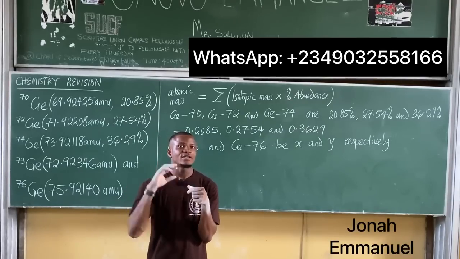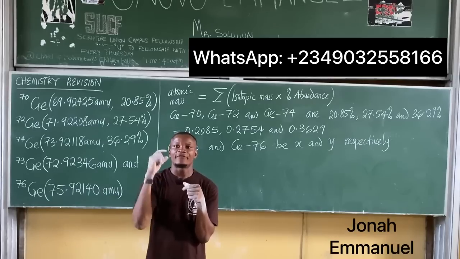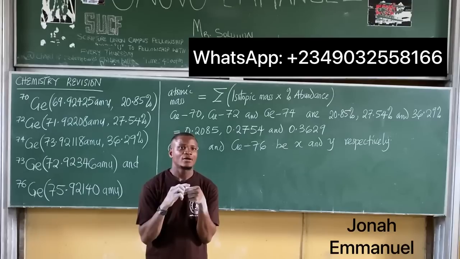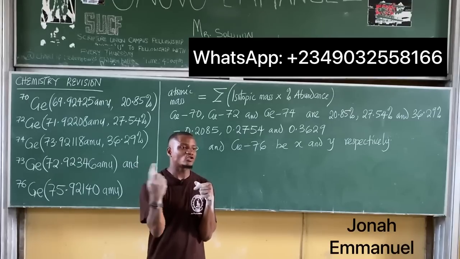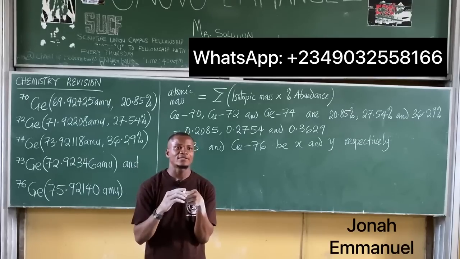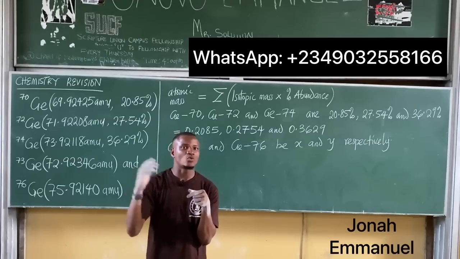Also recall that the sum of the fractional abundances of all the isotopes of an element in decimal is equal to 1.